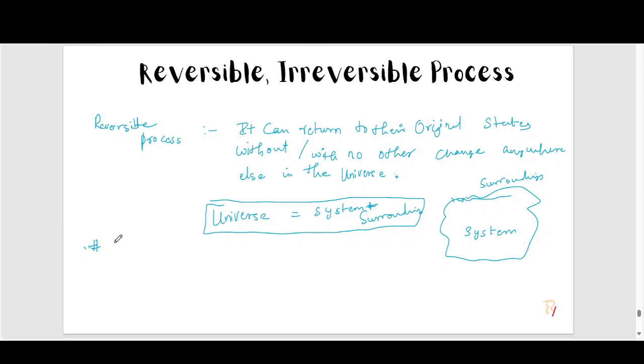Let me take a container with gas molecules.